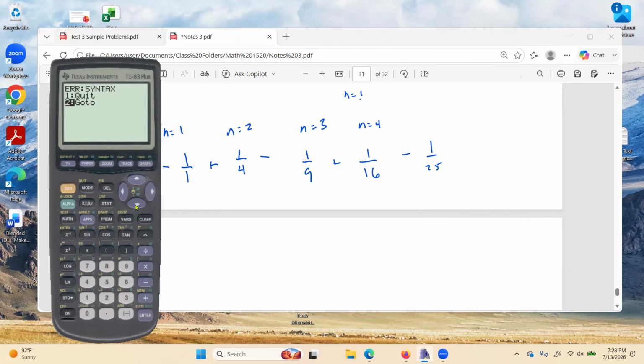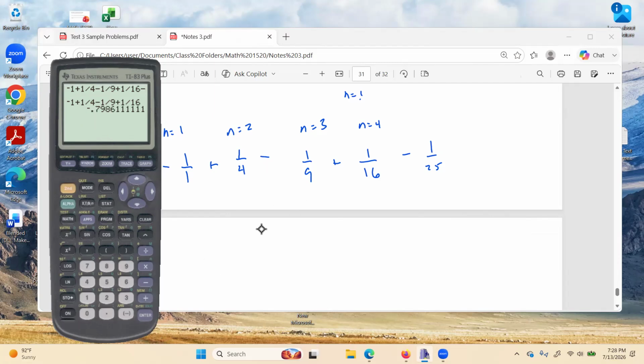Do I have two negatives? No, I don't. Oh, I have an extra operator right here. So negative 1 plus 1 over 4 minus 1 over 9 plus 1 over 16, and that's what we have for all of that equals.